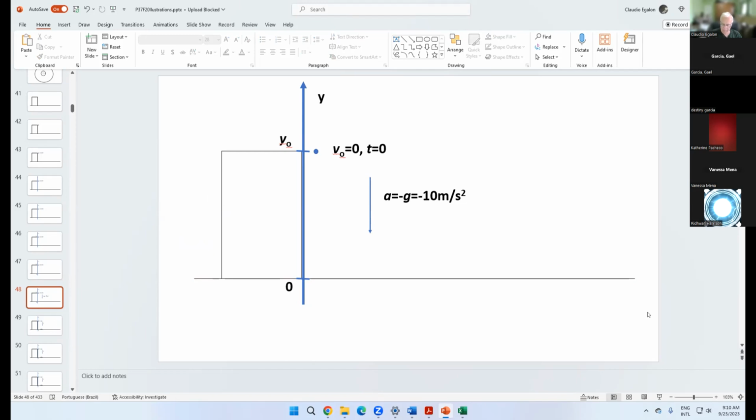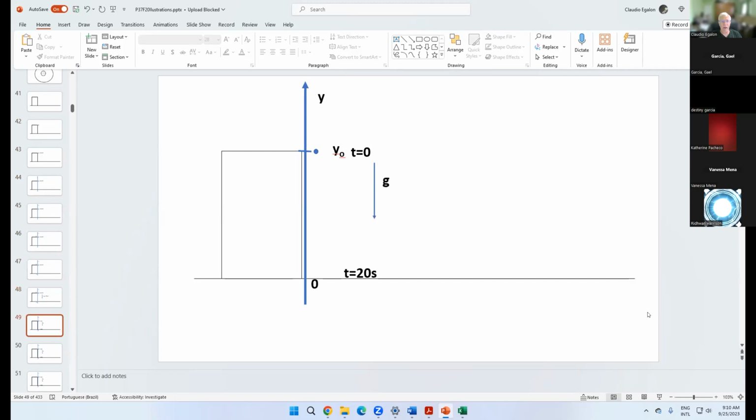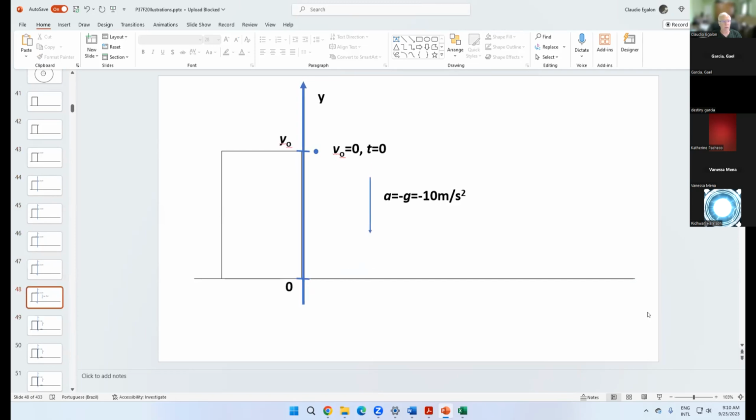Okay, so let's play the movie again. Here you go. Point particle, initial velocity, initial instant of time, y-axis, initial position of the particle along the axis. That's the origin of the axis. That's the acceleration of the particle. The acceleration is downwards. What does acceleration downwards mean? A little bit later on, the particle is going to be right in here.